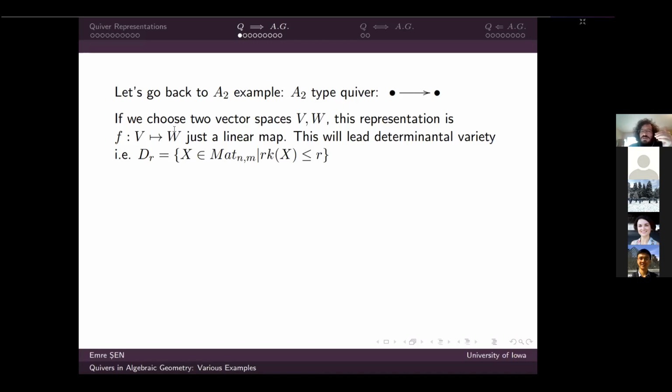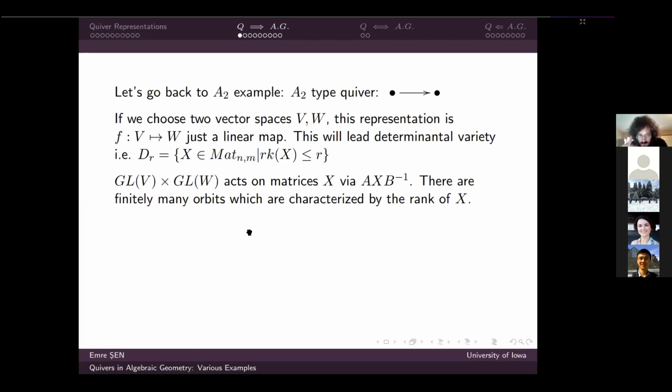And we can consider this stratification. We can consider the orbits with respect to this rank. And for example, if these are just square matrices, full rank will be just the generic component. And we can consider the singular locus. So even this linear algebra thing appears here, right? Okay.